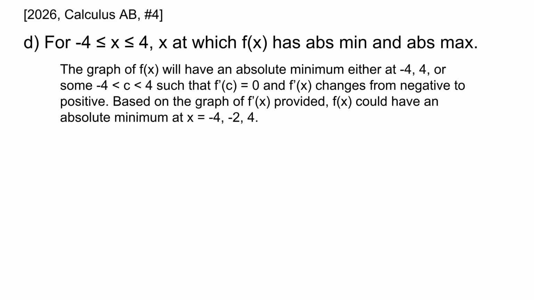So we'll start with the absolute minimum. f will have an absolute minimum either at -4, +4, or some value of c in between them, such that f prime of c is equal to 0 and f prime of c changes from negative to positive. Based on the graph of f prime of x provided, f could have an absolute minimum at either x equals -4, -2, or +4.